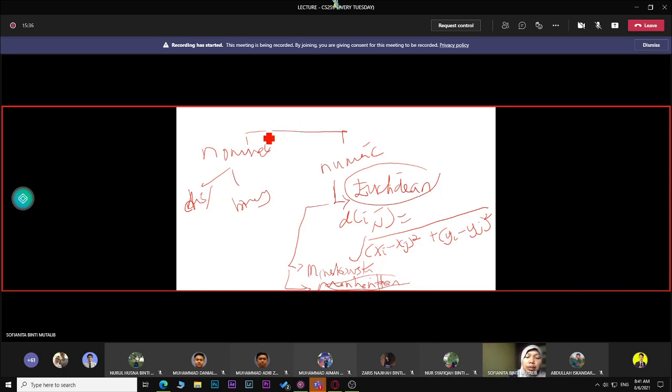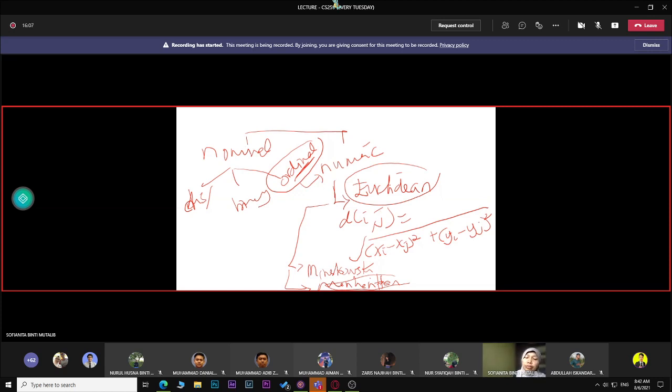Okay. Just now, under nominal we have discrete, binary, and the other one we call ordinal. When you have ordinal, it means that you have rank, and this variable will be transformed into numerical.